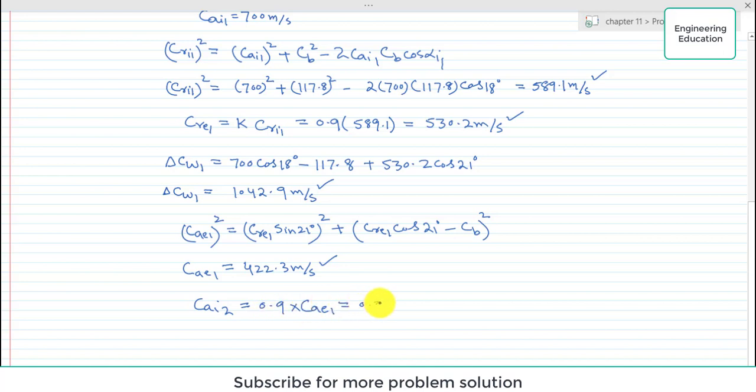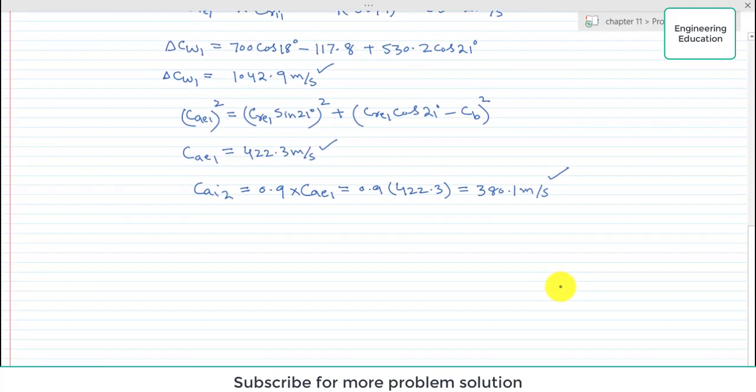So 0.9 into CAE1 is 422.3 meter per second. So we get the value of CAI2, which comes out 380.1 meter per second. So this is the value of CAI2.